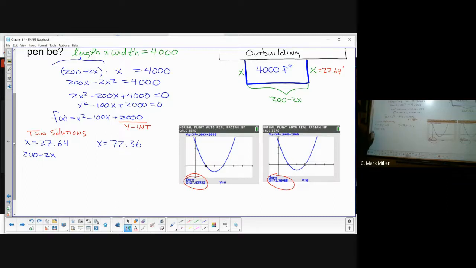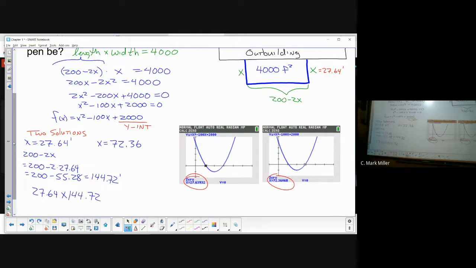And so that's going to be 200 minus 2 times 27.64. And that is 200 minus 55.28, which is 144.72 feet, right?